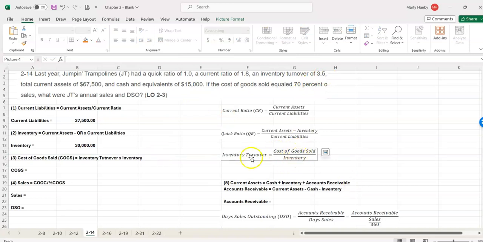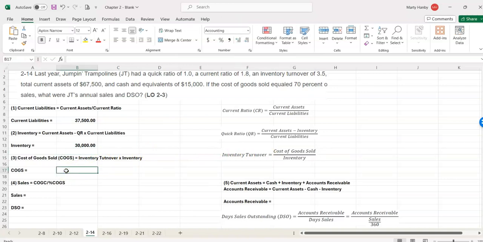So now my inventory turnover is 3.5, and my inventory is 30,000. So cost of goods sold, when we rearrange that equation, is going to be equal to inventory turnover times inventory. So inventory turnover is 3.5, so equals 3.5 times the inventory of 30,000.